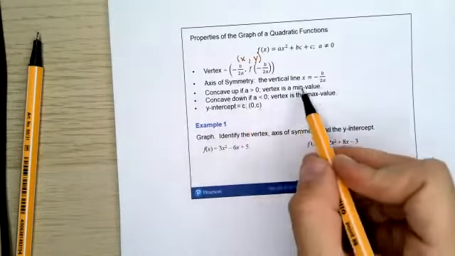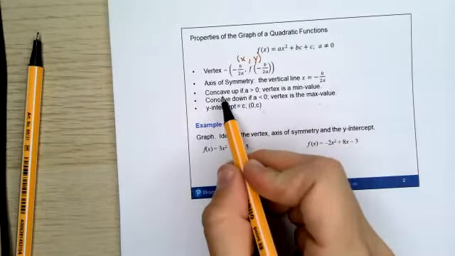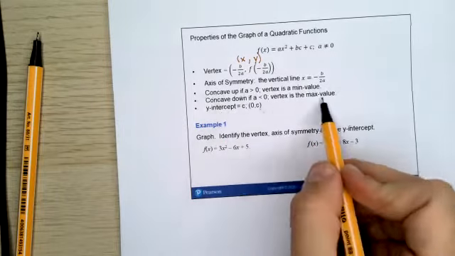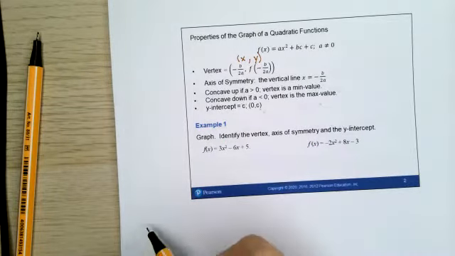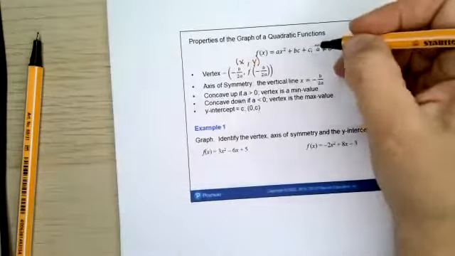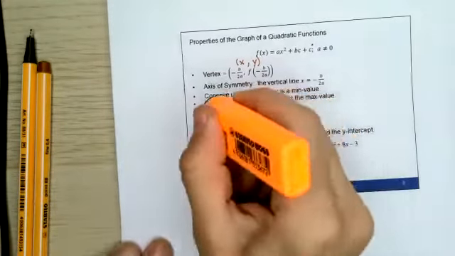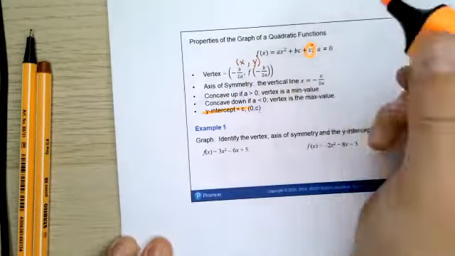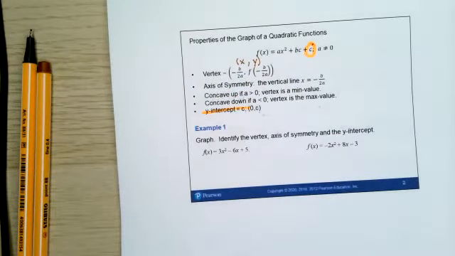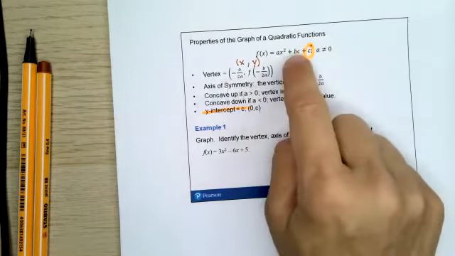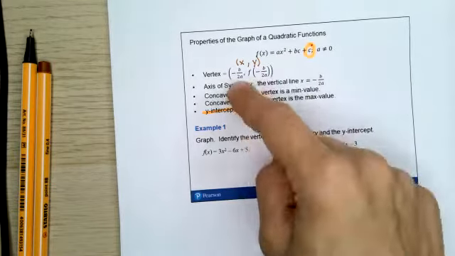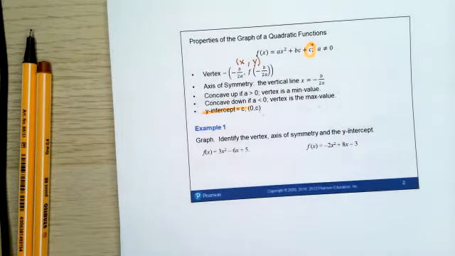So the vertex is your lowest value if it's concave up. Your vertex is the maximum value if it's concave down, and your y-intercept is your constant. Your y-intercept is this. And then you plug in this number here and this number here to find your vertex.